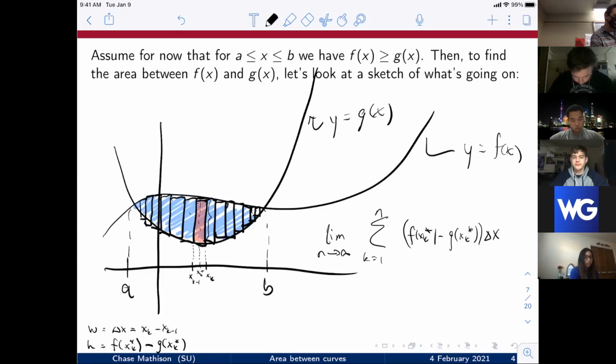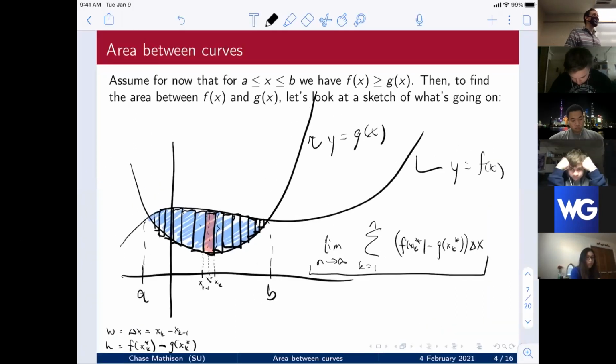Now we need to recognize this as something. What does this look like? Have I seen something close to that before? A limit of a big sum of some stuff times delta x.